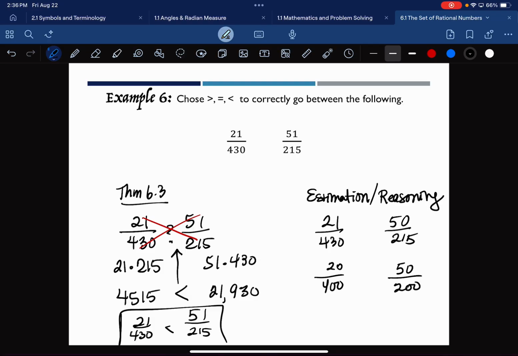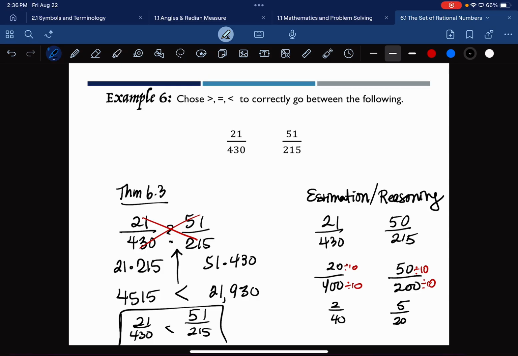We don't necessarily have to show the reducing, but they reduce very nicely. I can divide them by 10, which eliminates a 0, and I end up getting 2 over 40. I can divide this one by 10, and I get 5 over 20.